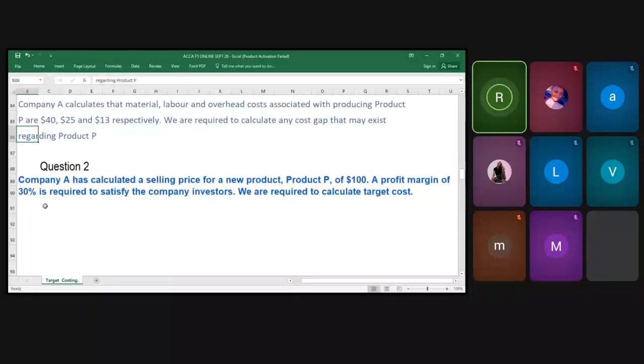Company A has calculated a selling price for a new product P, which is $100. A profit margin of 30% is required to satisfy the company investors. We are required to calculate the cost gap.